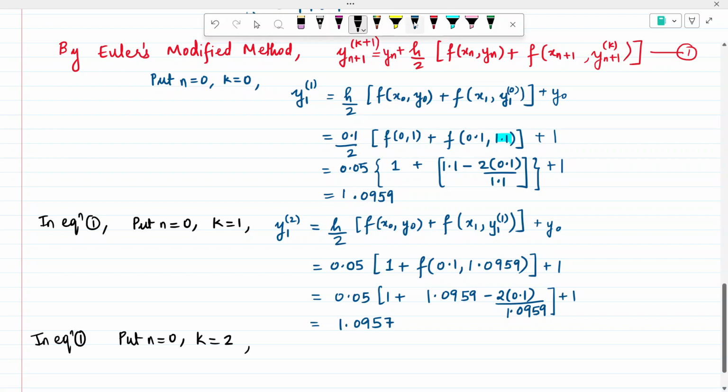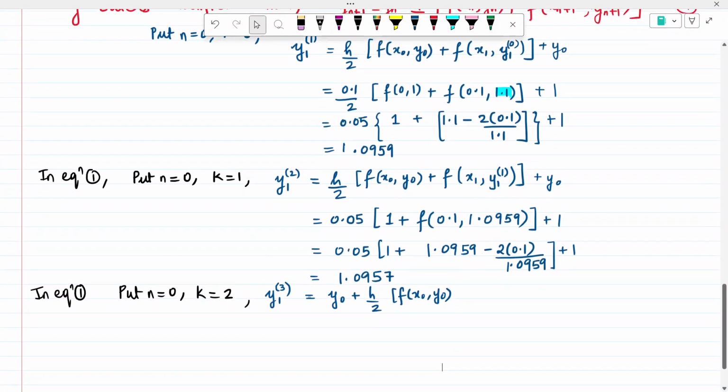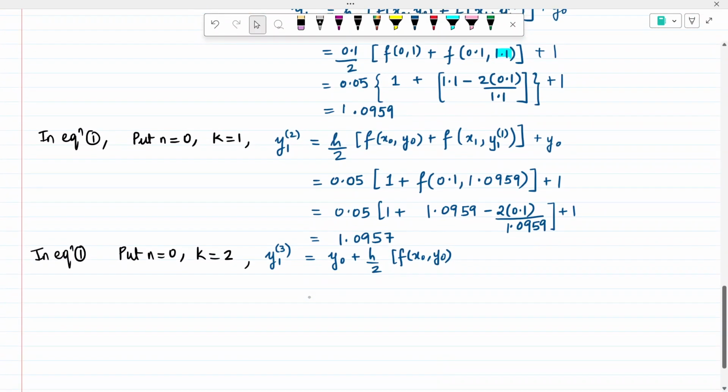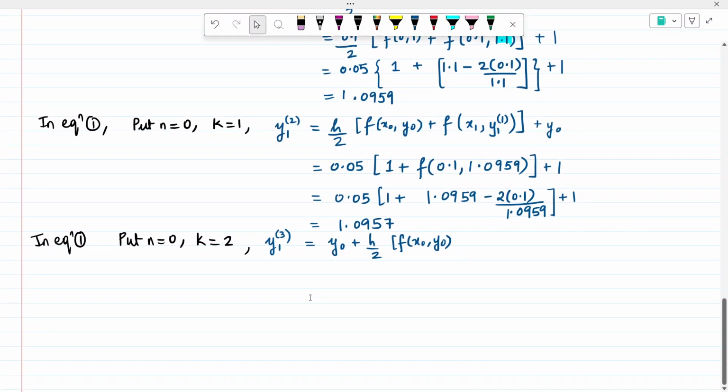So what do you get here? y1, third approximation, y0 plus h over 2, f of x0, y0, plus f of x1, y1, second approximation.